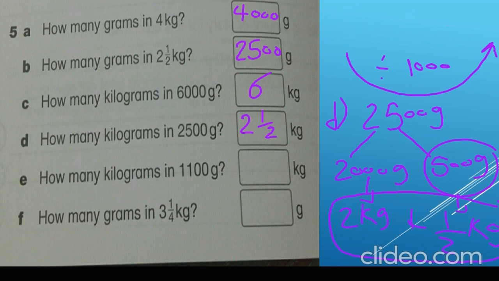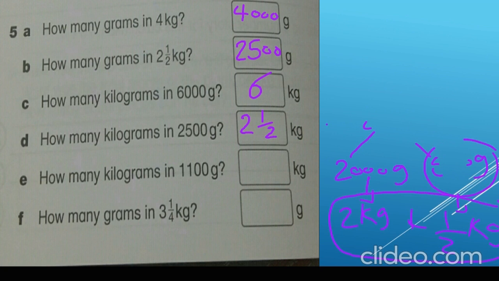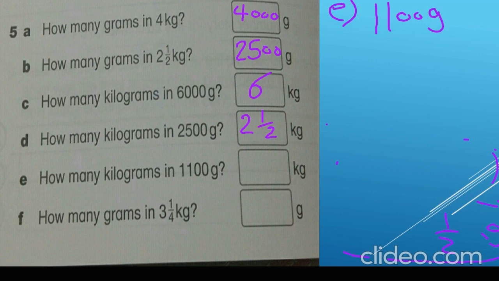E. How many kilograms in 1,100 grams? You want to transfer it to kilogram.